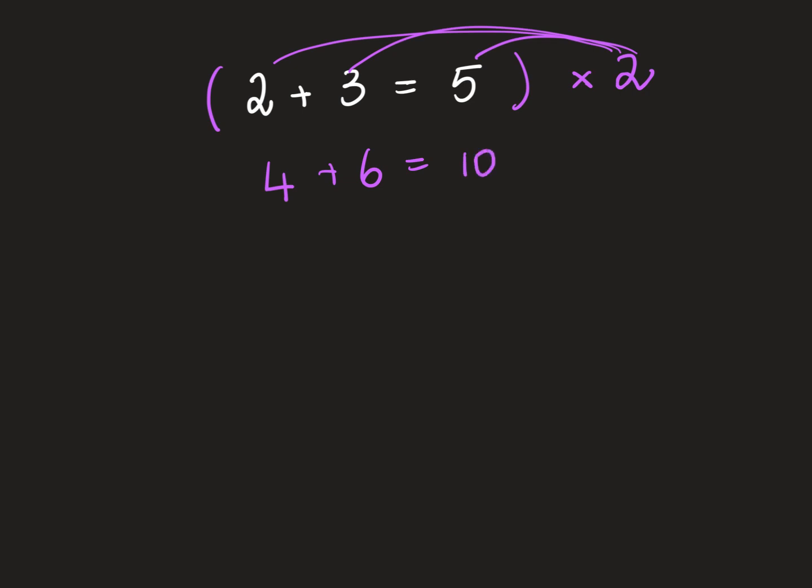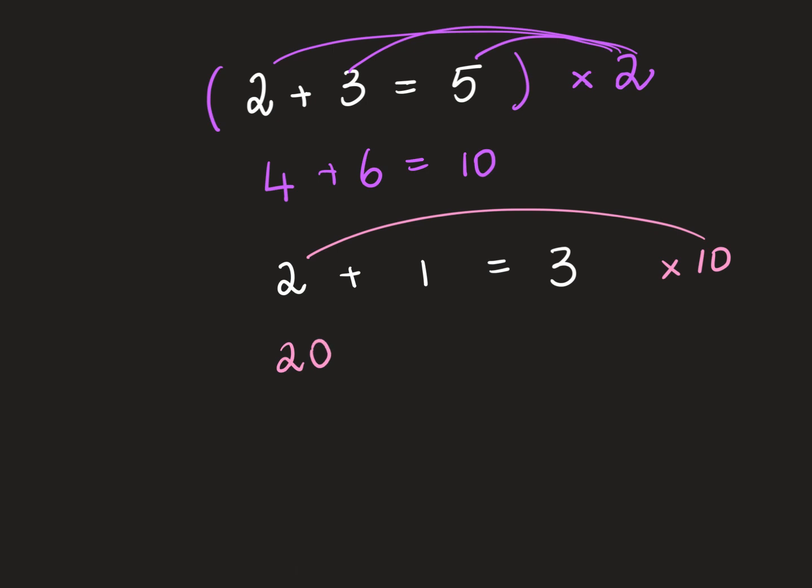If I have a true statement, I can multiply it by anything I like and I will get another true statement. Let's try this one. We're going to multiply this by 10. 2 times 10, 20. 1 times 10 is 10. 3 times 10 is 30. That's another true statement.